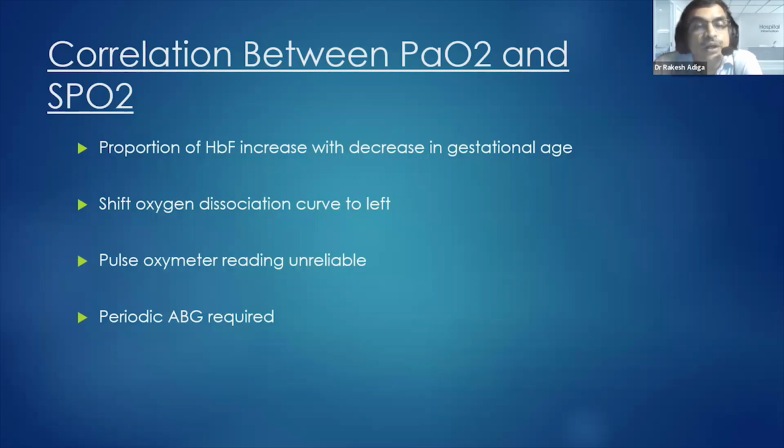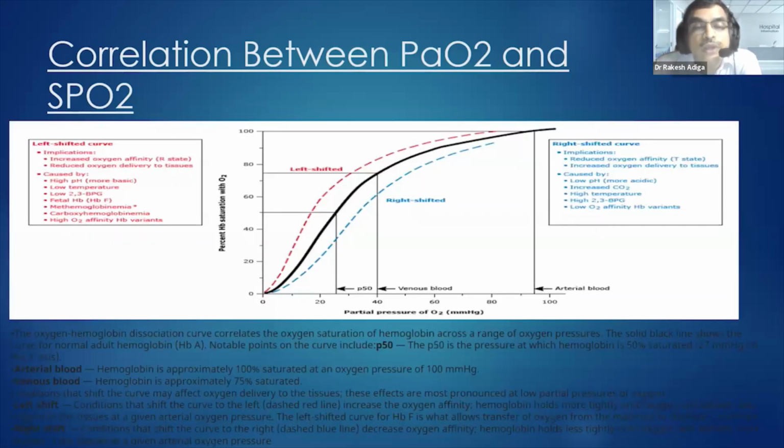Pulse oximeter reading is unreliable in the preterm babies, because in HbF, at a partial pressure of oxygen of, say for example, 20, they will have oxygen saturation almost 70%.